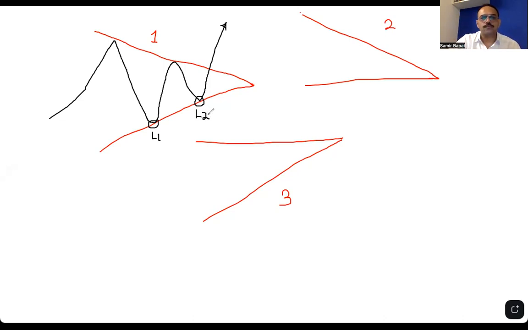Is low 2 higher than low 1 or lower than low 1? If you think L2 is higher than L1, type H. If L2 is lower than L1, type L.